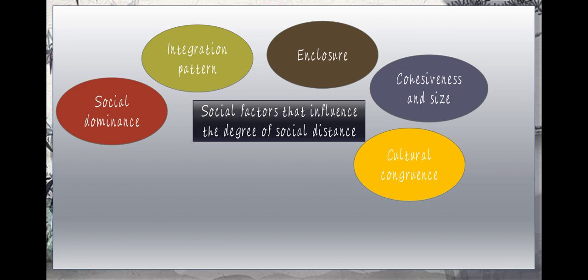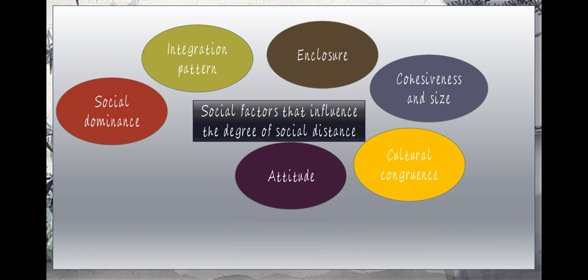And then the next factor is attitude. Attitude means if the second language learning group and the target language group have positive attitudes towards each other, then second language learning is more easily facilitated.